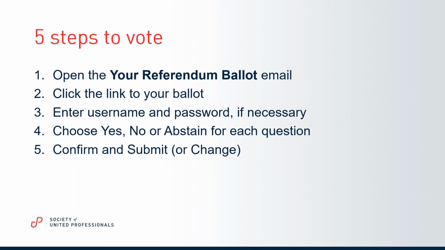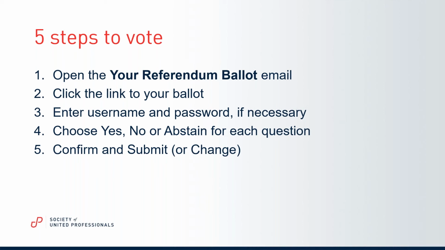That referendum ballot that you have is your ticket to vote, and I'll show you exactly how that works in a moment. What you're going to do is open that email, and then there's a link to your ballot in that email. So you're going to click that link, and if you get a prompt for a username and password, you're going to enter the username and password that are provided to you in that email.